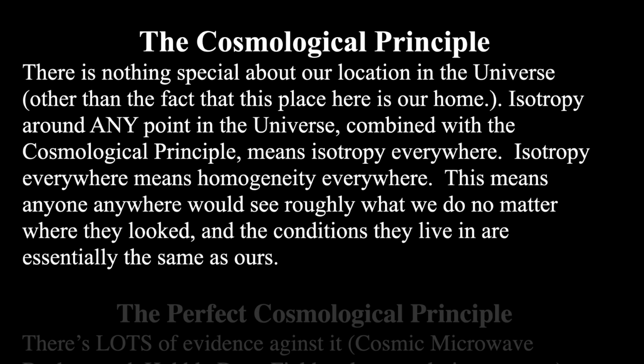The cosmological principle is therefore that the universe is everywhere isotropic and homogeneous. This means that any observer, anywhere, would see roughly what we see, no matter where they looked. And that's a very important point. Every observer sees exactly the same thing.